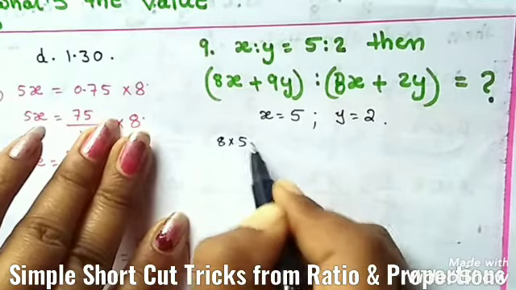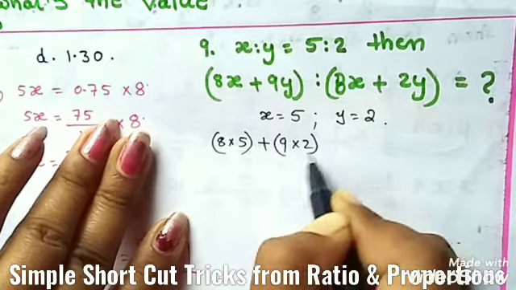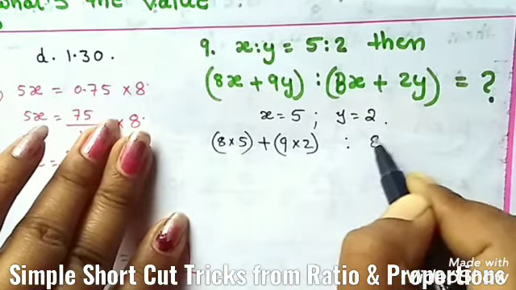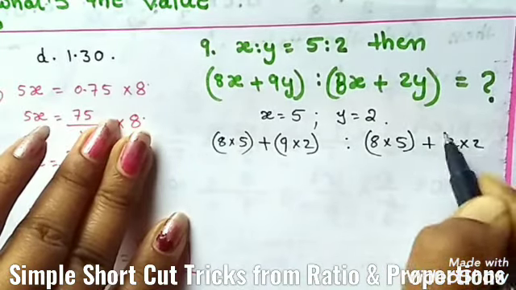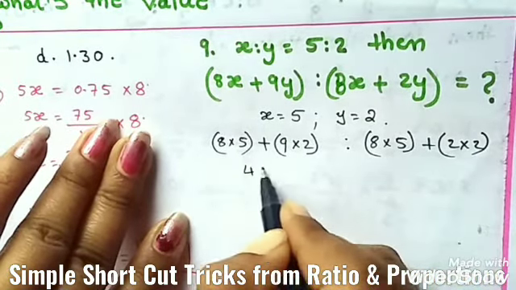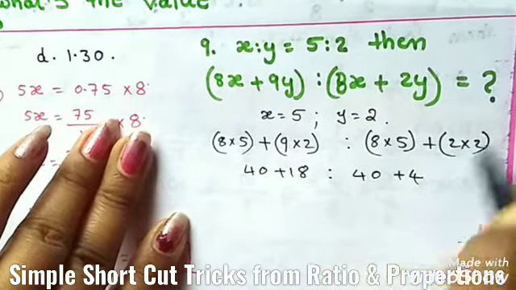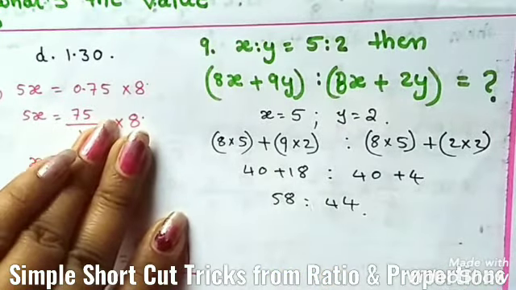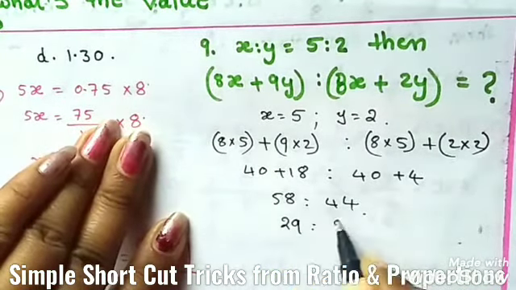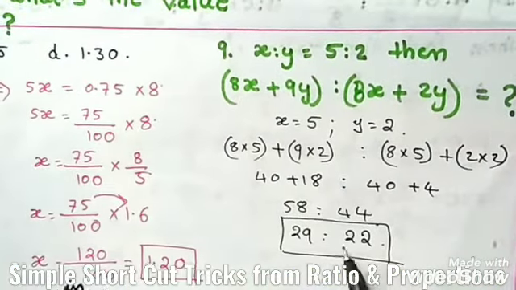Then 8 into 5 plus 9 into 2 is to 8 into 5 plus 2 into 2. Simply now it is 40 plus 18 is to 40 plus 4. Now 58 is to 44. If you simplify this, 29 is to 22. This is the answer, 29 is to 22.